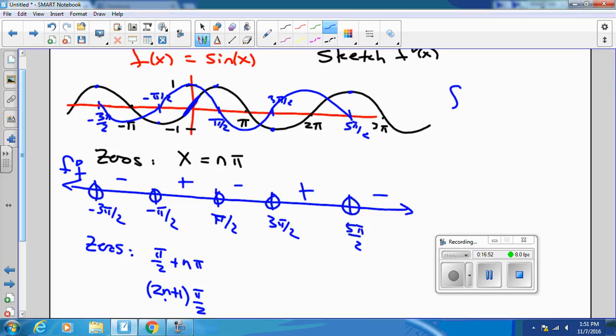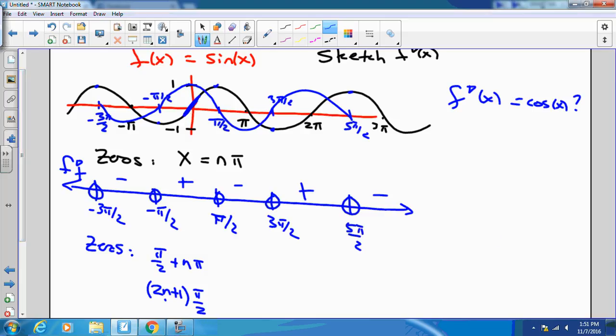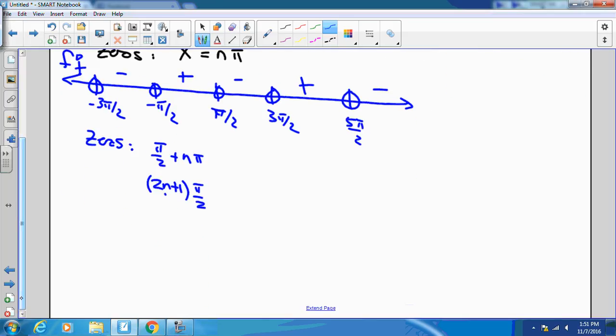Hey, what function does this look like? It looks like cosine. So this now gives us a conjecture. Maybe f prime of x is equal to cosine x. That would be kind of cool if it were. And it looks like it might be.